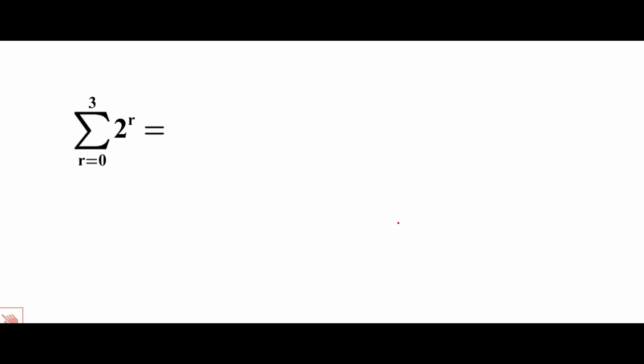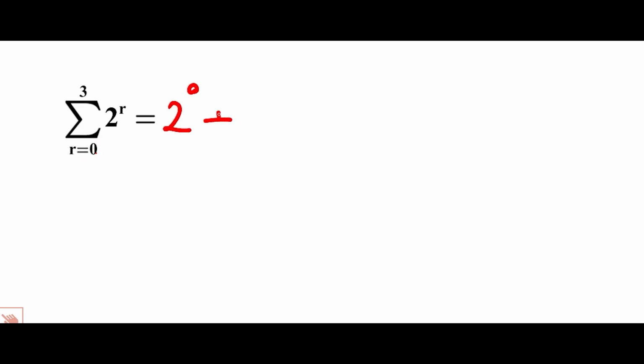We expand the sum of 2 to the power of r from r equals 0 to 3. The values of r are 0, 1, 2, and 3. So when r equals 0, we have 2 to the power of 0, plus when r equals 1, we have 2 to the power of 1.